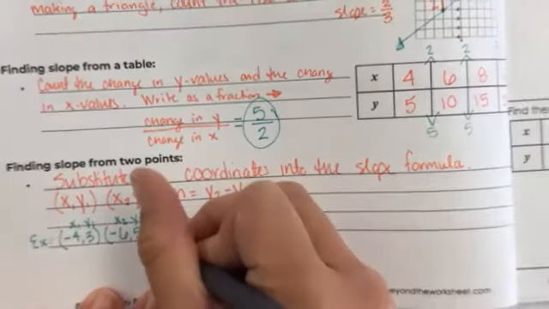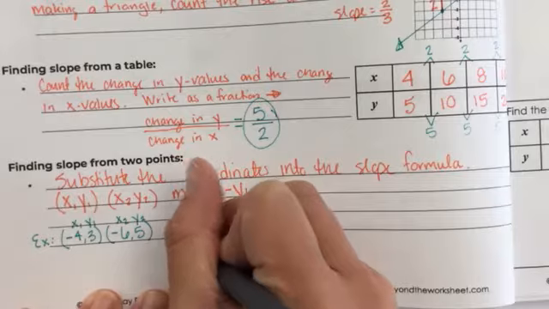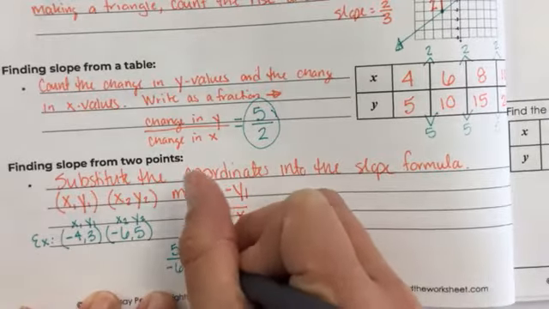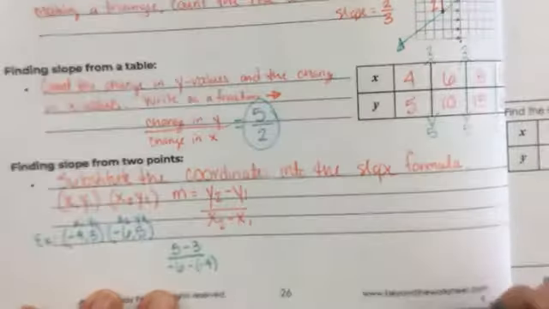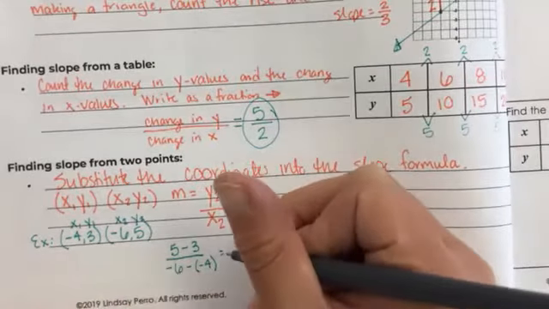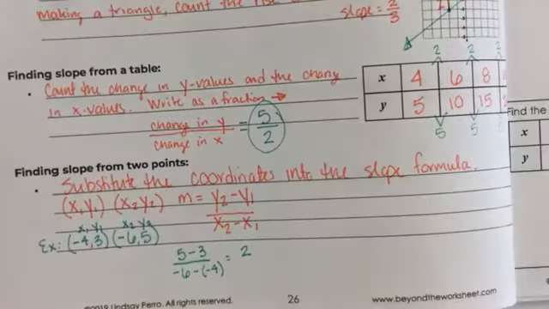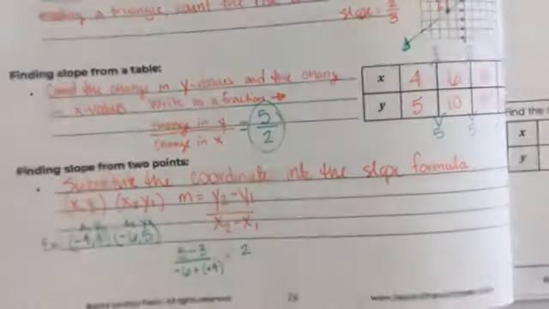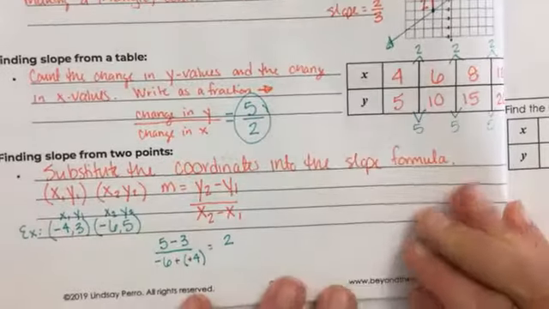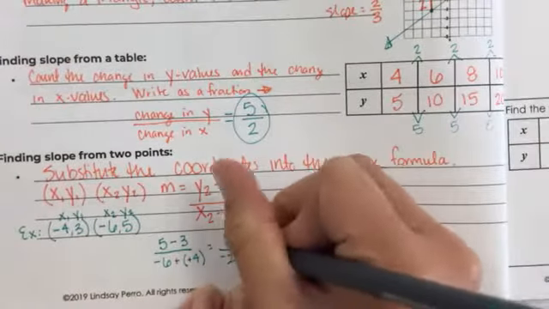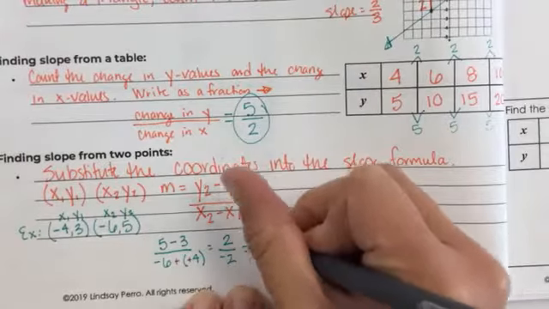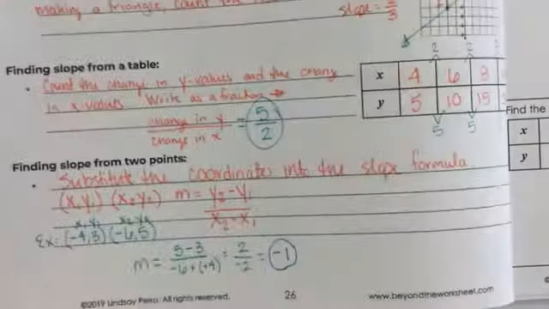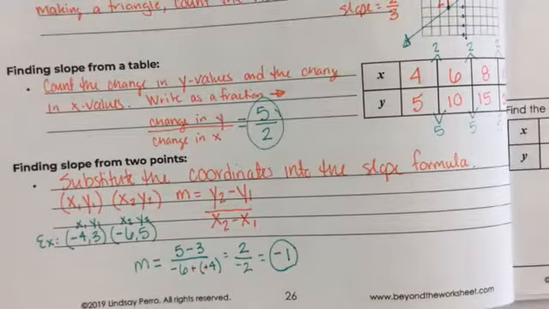So this would be 5 minus 3 over negative 6 minus a negative 4. 5 minus 3 is 2. And then remember, if you subtract a negative, it ends up going to addition. So we've got a negative 6 plus 4. That gives us a negative 2. And then you just have to simplify. So we end up with a negative 1. That's how we use the slope formula.